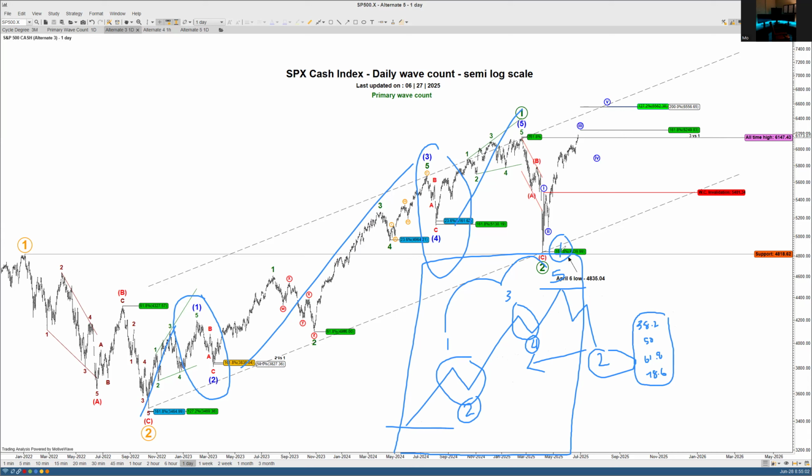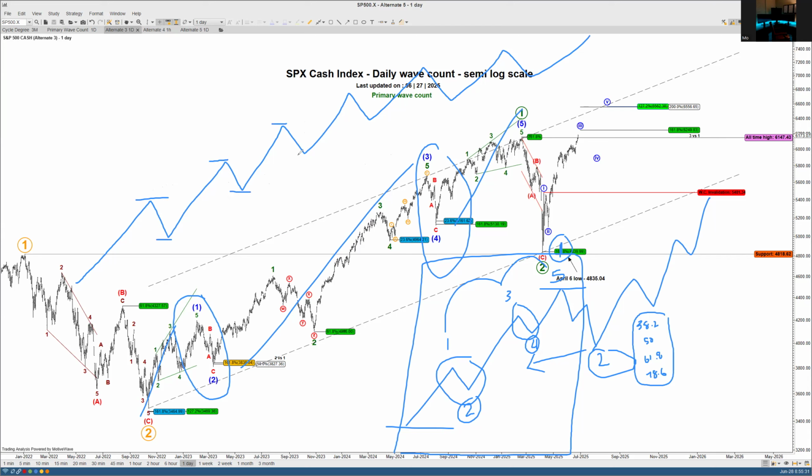Because there's a five-wave structure here, he made it a wave 1. Now he looks for wave 2, and from there he's looking for wave 3. Gann goes this way and keeps going as long as the price is making higher highs and higher lows.